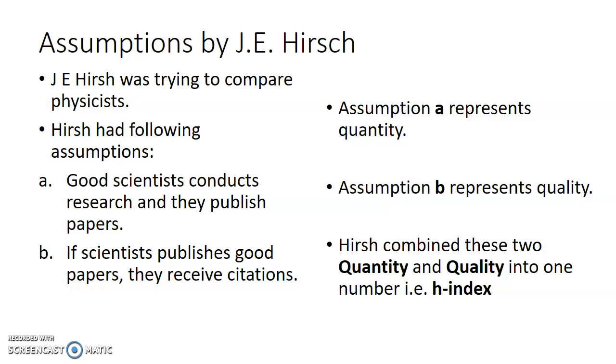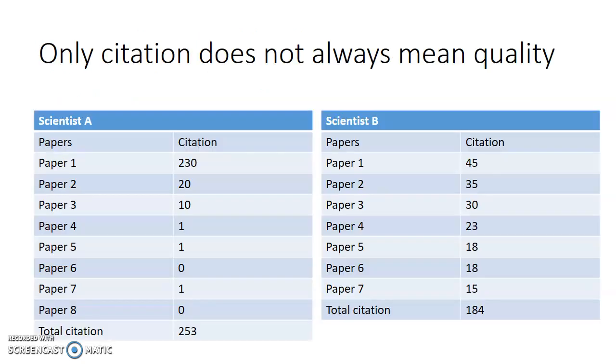Now, before understanding the calculation process of H-index, I request all of you to concentrate on this slide. Suppose there is a scientist A who has a total of 8 publications, and his total citation is 253. But if you look here, his paper 1 has got almost 90% of his total citation, that is 230, but his other papers have not received an equal amount of citations. That means the scientist has published one good paper, but the other papers are not of good quality.